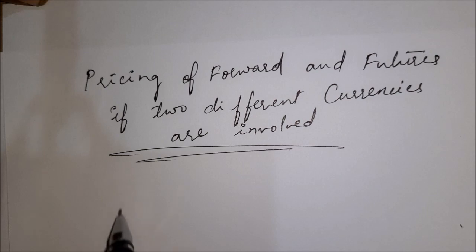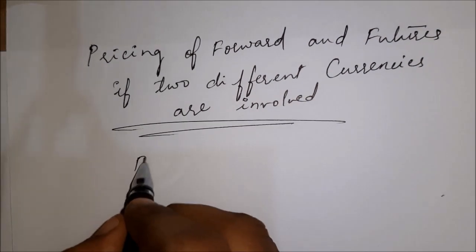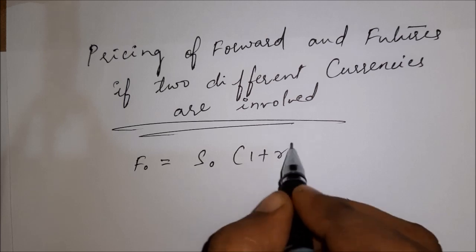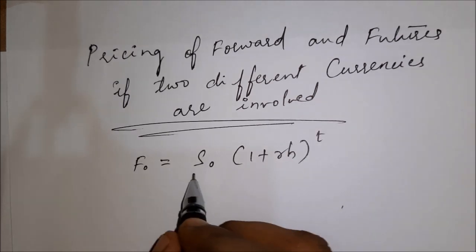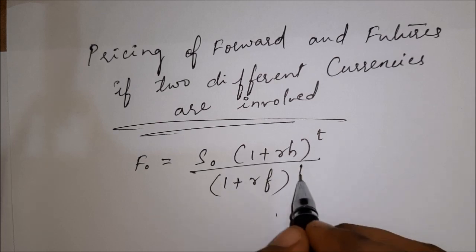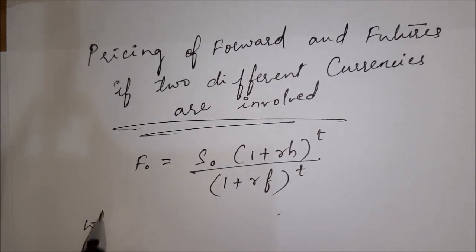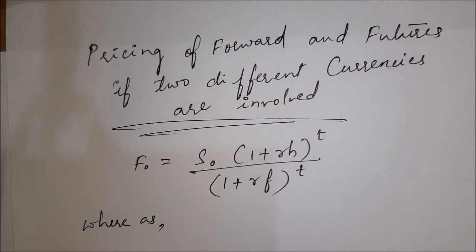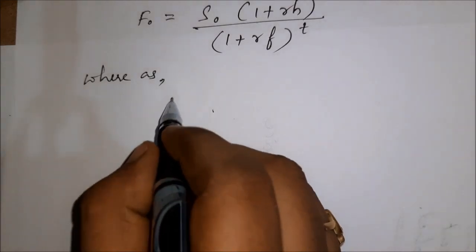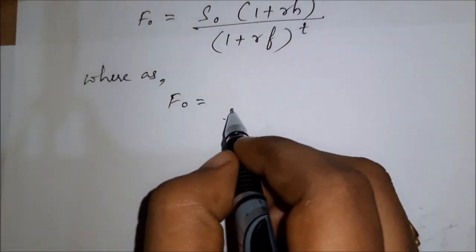So the formula. Here the formula is F naught is equal to S naught into (1 plus RH) to the power T divided by (1 plus RF) to the power T. Whereas in this formula, F naught, you already know what is F naught.